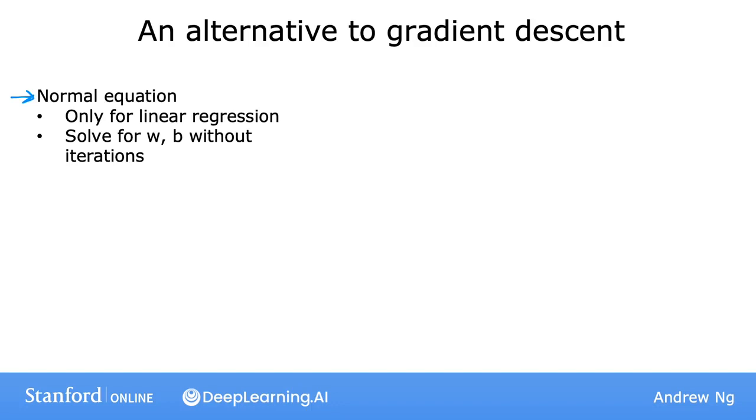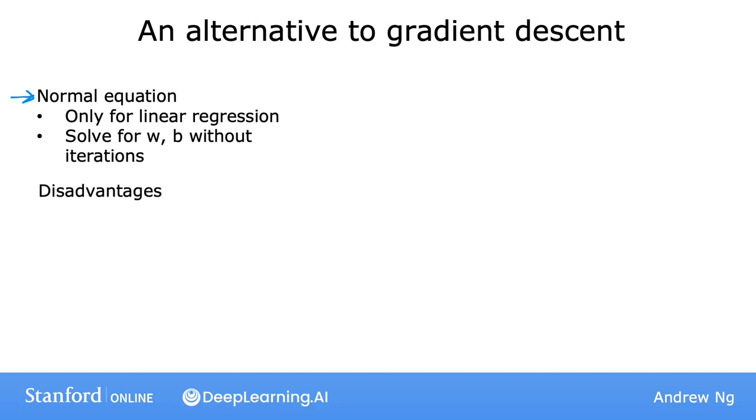And this other method does not need an iterative gradient descent algorithm. Called the normal equation method, it turns out to be possible to use an advanced linear algebra library to just solve for w and b all in one go without iterations.